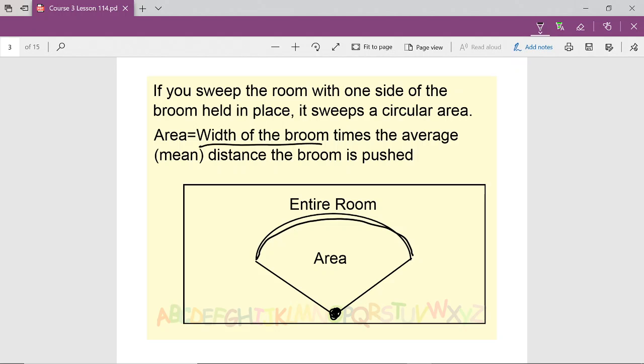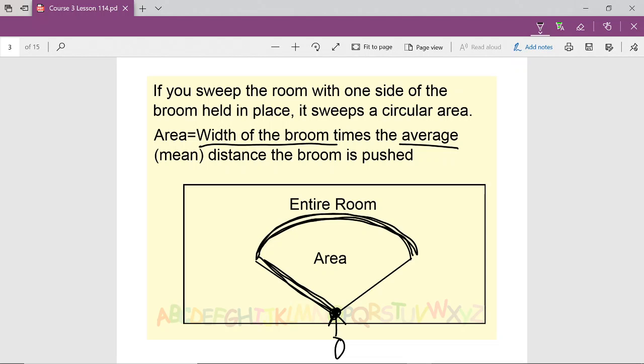We would take the width of the broom, which is represented with this side of our sweeping pattern, and multiply it by the average or the mean distance that the broom is pushed. And we find that by taking how much this point is pushed, which in this case is 0, and take how far this arc is, which we can find if we had more information, and average them. So take them, add them up, divide by 2.